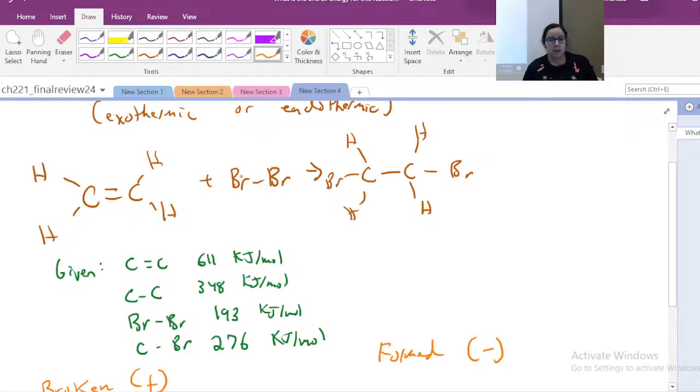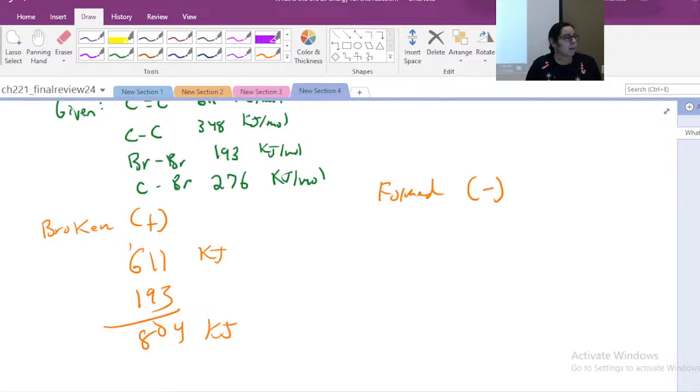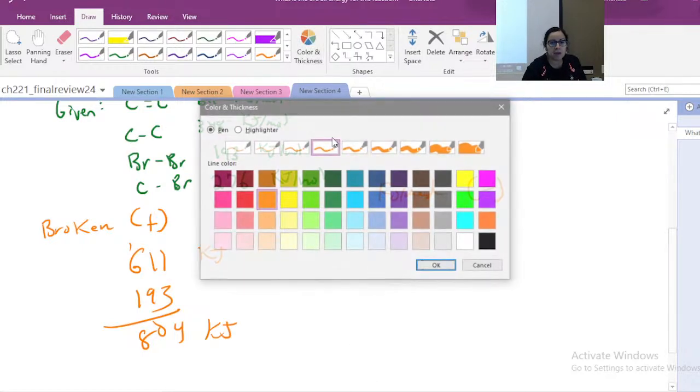The bromine single bond, and again, just one of those, so plus 193. So it looks like we put about 804 kilojoules in. So you can check my math on that. And then, let's see what we got back out.